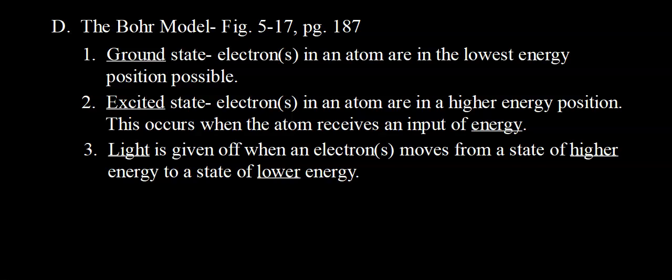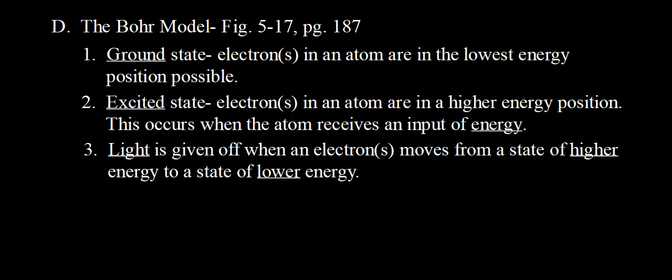Here's the important part, very, very important, number 3. Why does it glow? Well, light is given off when electrons move from a state of higher energy to a state of lower energy. So it takes energy to bump electrons up to a higher energy level.